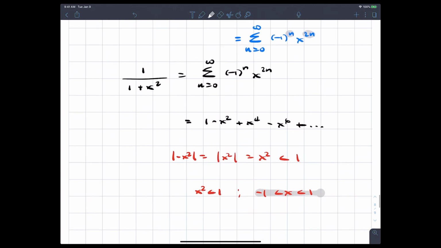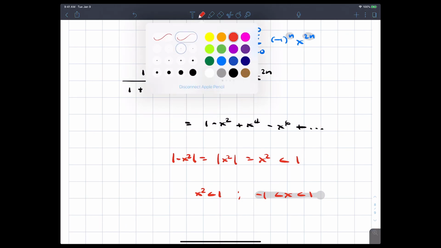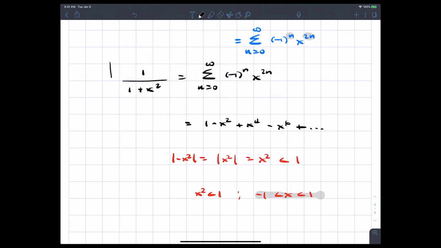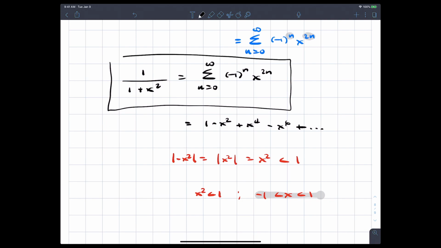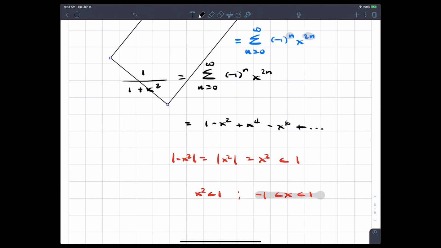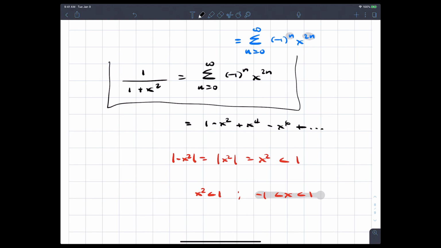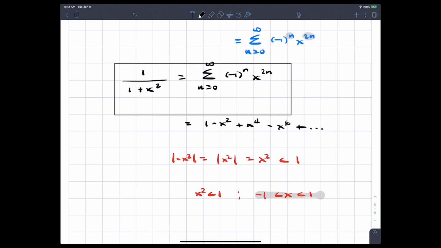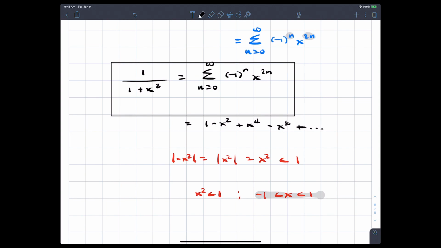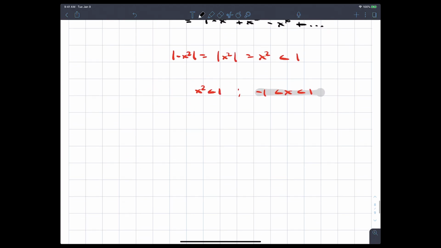Now, this is an important fact. As a separate problem, I have a function represented as a power series. But what I want to do is show you guys the following. I'm going to prove to you here we have another power series.